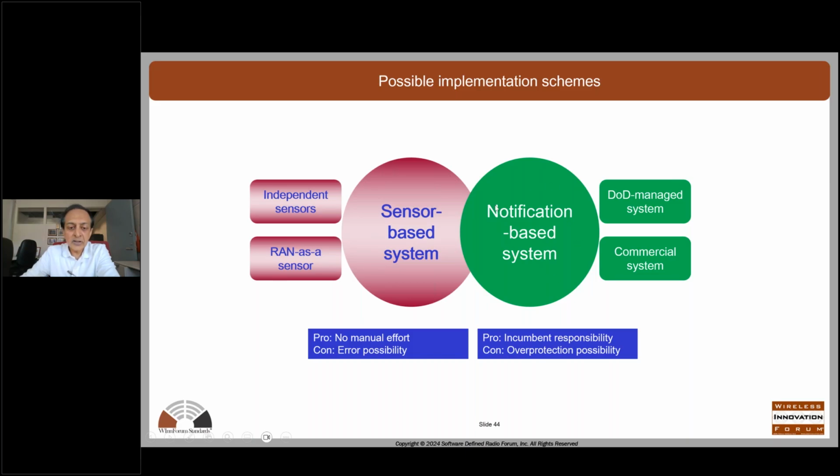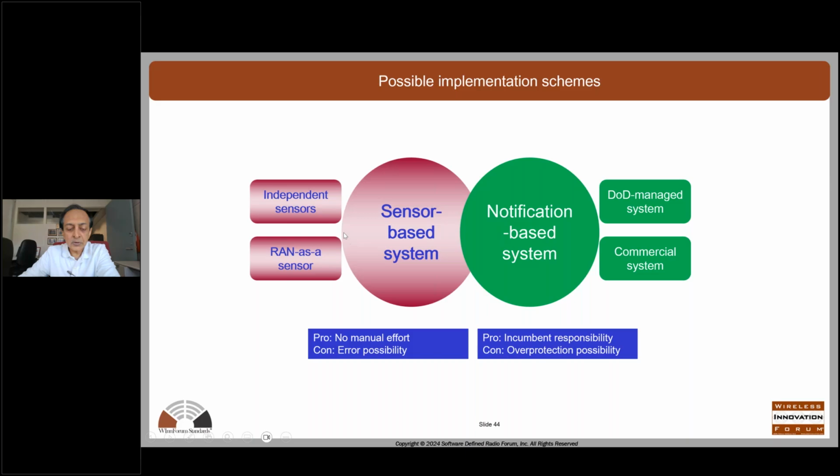And then it could be a notification-based system. Among the sensor-based systems, there are two types being considered for now. Independent sensors like the ESCs, but there is also another alternative being discussed, which is using the RAN, the radio itself, as a sensor. So part of the radio resources could be dedicated towards sensing. This avoids the need for having a separate sensor network.